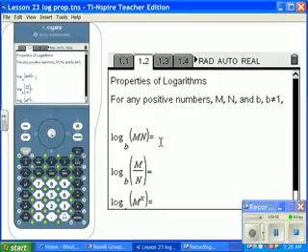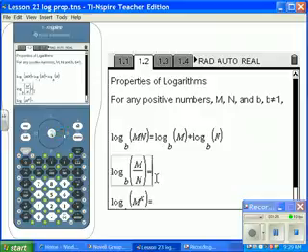So what happens when we have this is we get log, everybody has to put this down, base b of m plus log base b of n.